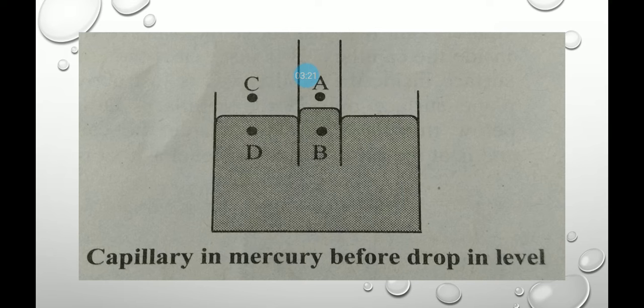Let PA, PB, PC and PD be the values of pressure at points A, B, C and D respectively. Since the pressure on the concave side is always greater than that on the convex side, understand this thing, we can say that PB is greater than PA.